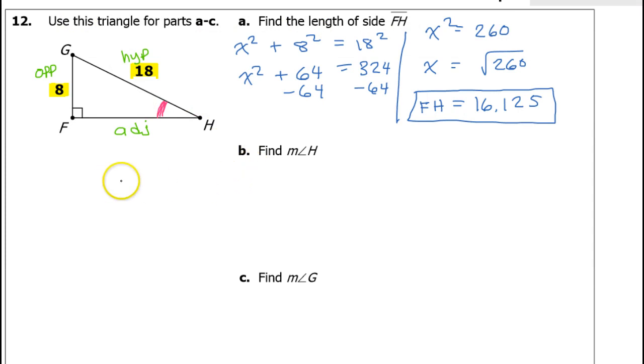So that tells us that we will be setting up the sine function. So we will say sine of angle H is equal to opposite over hypotenuse, 8 over 18. When the variable is inside the function, this is when you use the inverse trig function. So H will equal the inverse sine of 8 over 18. And my goodness, this is something you can just put in your calculator.